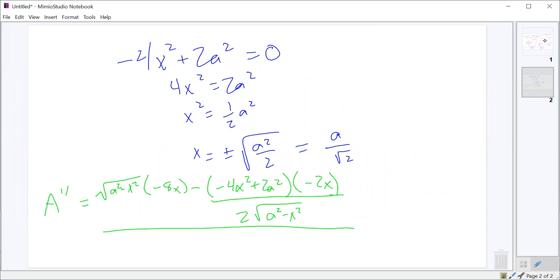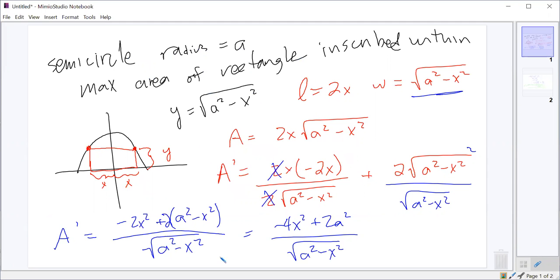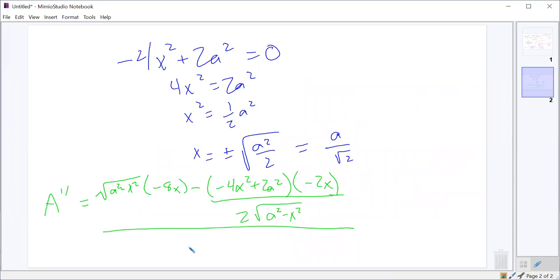And then all divided by our denominator squared. Our denominator was root a squared minus x squared, so that just becomes a squared minus x squared.